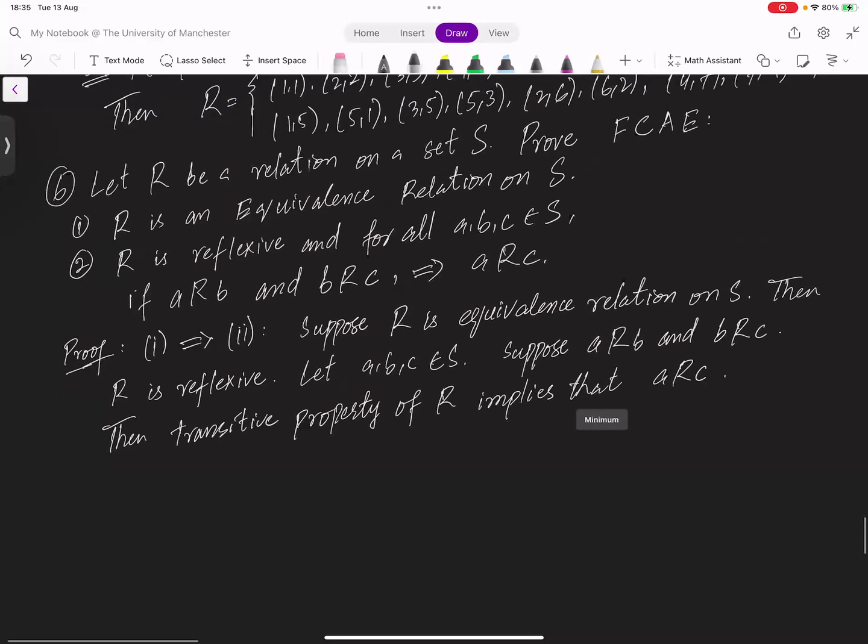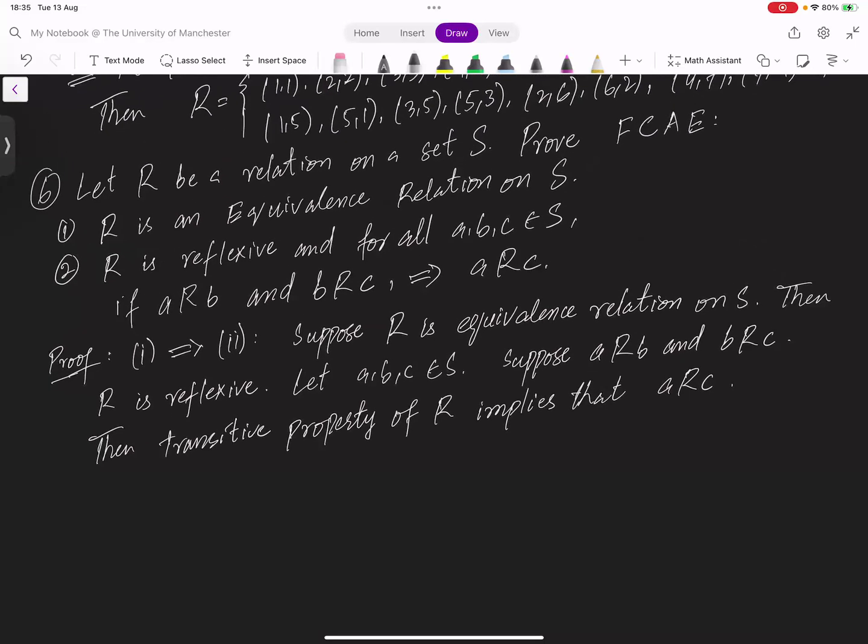Okay, so that was too easy to show because it will follow that. The only thing we need to show here is the difference, c is R related to a.